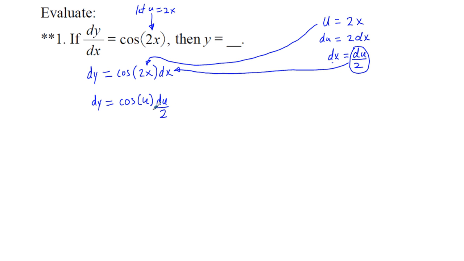Now what have we done here? We have been successful at getting the cosine in terms of a single variable, as opposed to 2x here. And now we can integrate both sides, and when we do that, take an integral symbol here, an integral symbol here. The left side is y, and the right side is, well, we have this 1/2 out front, and then we have the integral of cosine u.